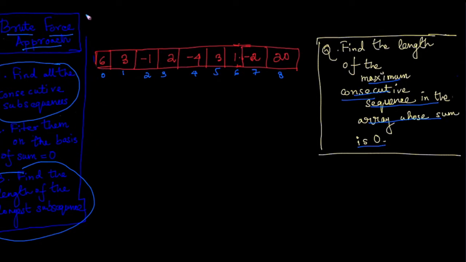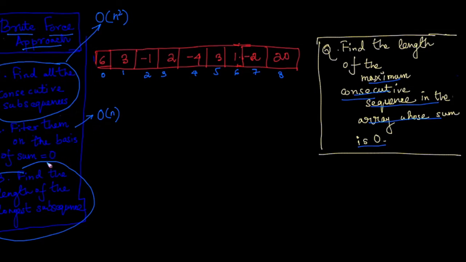But obviously, what is the time complexity? The worst case here is O(n^2), because we are doing n square work to find all the consecutive subsequences. Then we are doing O(n) work to calculate the sum of all the elements in the subsequences and find those giving sum 0.